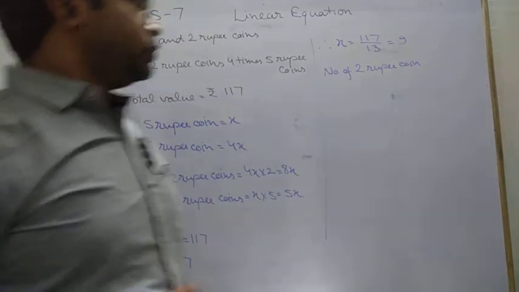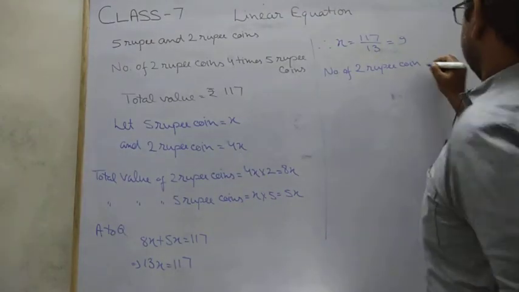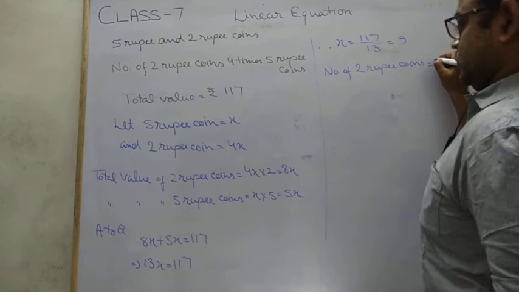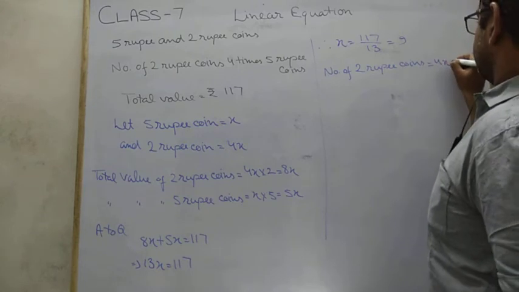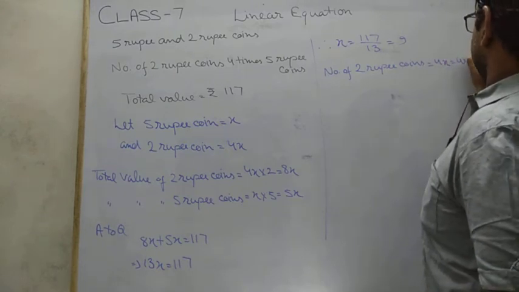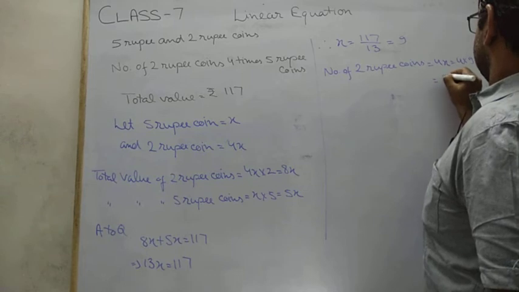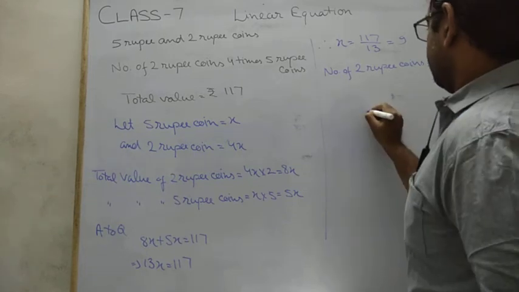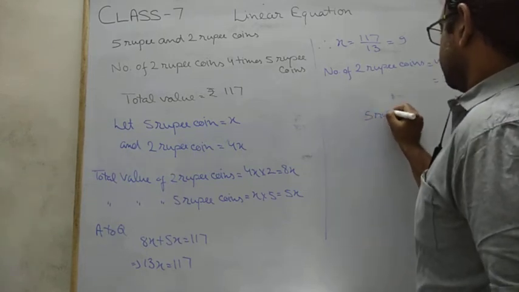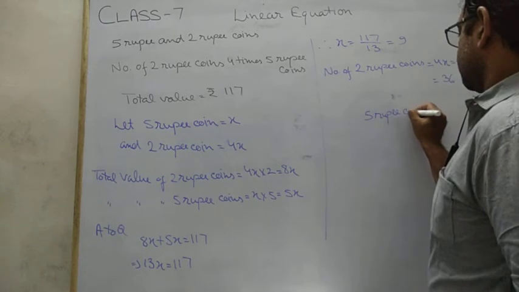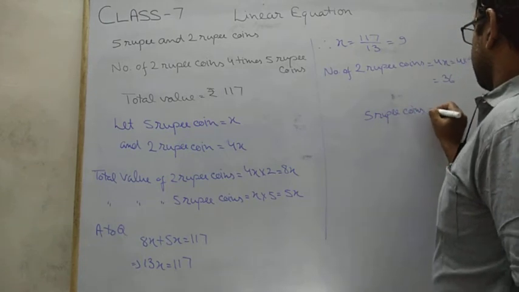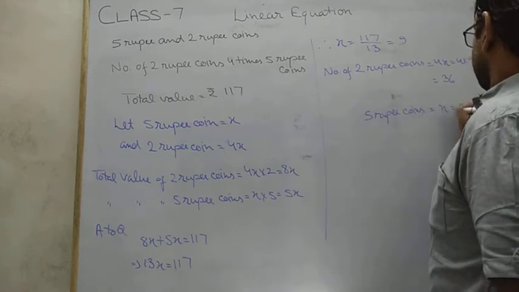Number of 2 rupee coins equals 4x, and we know the value of x is 9, so it's 36, and that of 5 rupee coins is x equals 9.